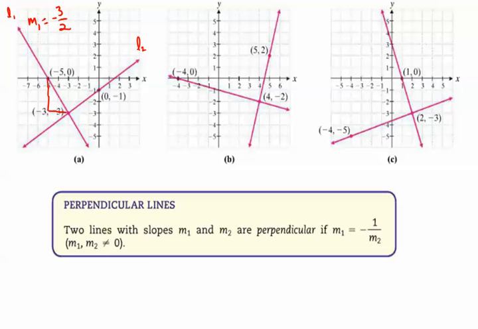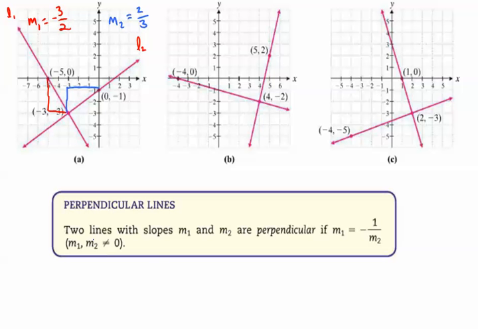Now let's take a look at the second line. We'll do this one in blue. So we start at this point, rise 1, 2, and 1, 2, 3 to the right. And so the slope of line 2 is going to be up 2, right 3, which is 2/3. Notice anything about them? Well, their slopes are reciprocals. One is flipped. The 3 halves gets flipped to become 2/3. But it's not only a reciprocal, we also see that their signs are opposite.